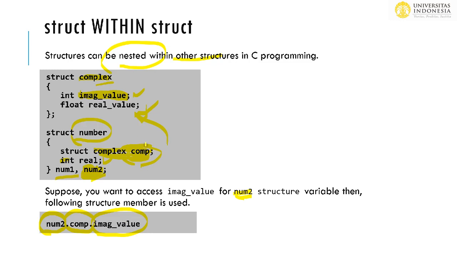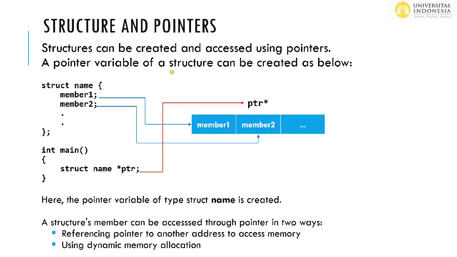Okay, so now we are going to have a look at pointers and how they are used in a structure, as another usage in defining your variables in a more complex one. Structures also can be created and accessed by using pointers.